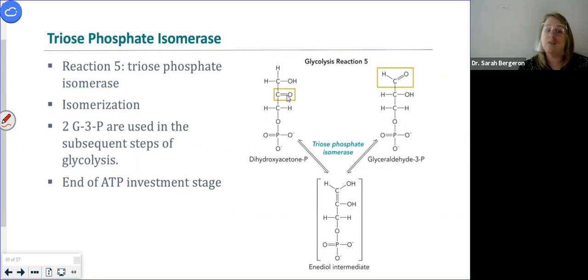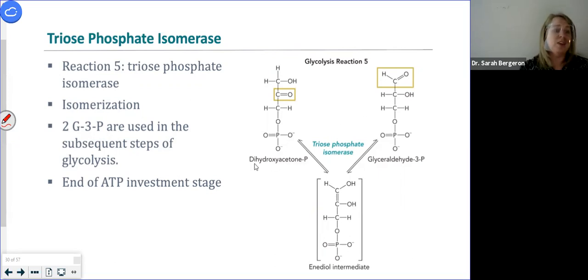We just have to convert where our double bond was here between carbon 2 and the oxygen, to now being between carbon 1 and this oxygen. So all it is, is an isomerization so that we can generate glyceraldehyde 3-phosphate to continue. So that's why you see in the pathway in front of you that one side makes glyceraldehyde 3-phosphate, and the other side makes dihydroxyacetone phosphate, then makes glyceraldehyde 3-phosphate. Yeah?